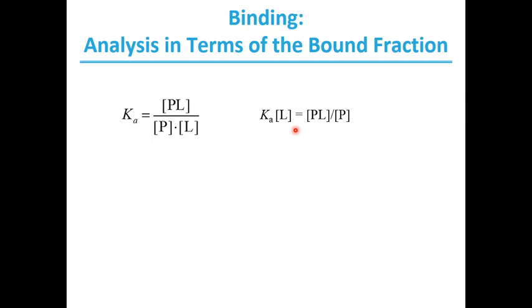When the concentration of the ligand is much higher than the concentration of ligand binding sites, the binding of the ligand by the protein does not appreciably change the concentration of free ligand. That is, L is a constant.